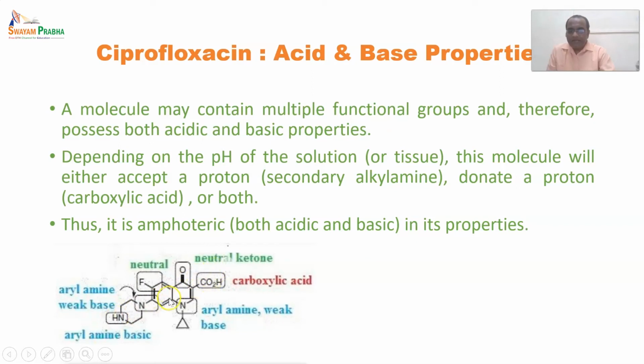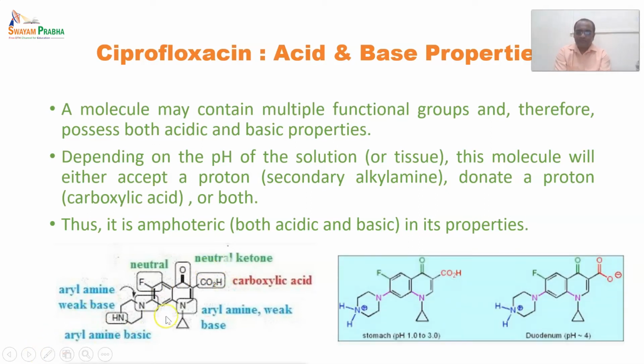So this ciprofloxacin inhibits DNA gyrase, and these groups are responsible for binding with that DNA gyrase enzyme. And whether it will show acidic or basic properties, all depends on what type of environment it is in. When the environment is favorable for basic characters, it will show basic characters, and when the environment is favorable for acidic conditions, it will show acidic properties.